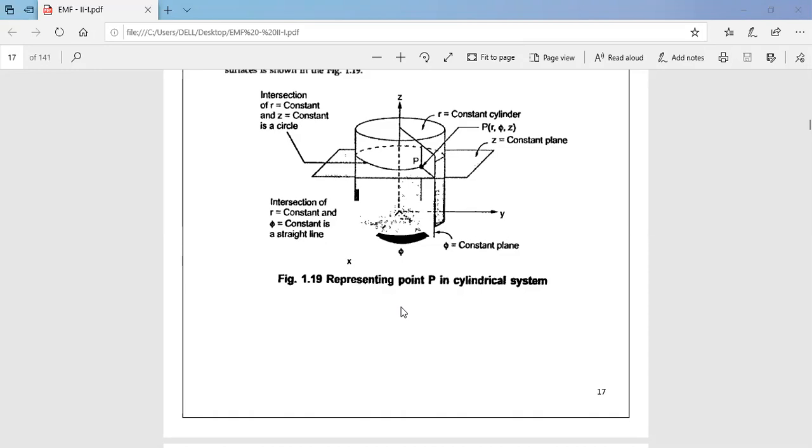So you would integrate this function from 0 to 6 for R cube, from 0 to pi by 6 for phi, and from 0 to 3 for 1 upon Z, right?